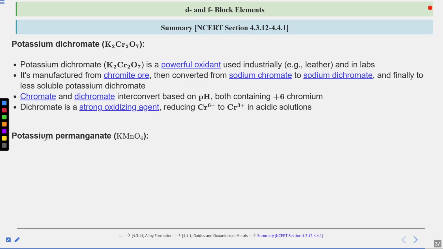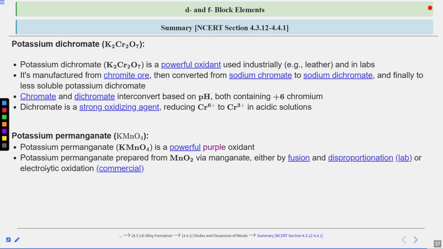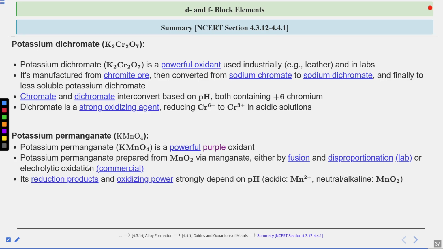Next, we talked about another compound, potassium permanganate, KMnO4. Potassium permanganate is a powerful purple oxidant. It is prepared from MnO2 via manganate, either by fusion or by disproportionation in the lab, or by electrolytic oxidation which we use in commercial production. Its reduction products and oxidizing power strongly depend upon the pH.